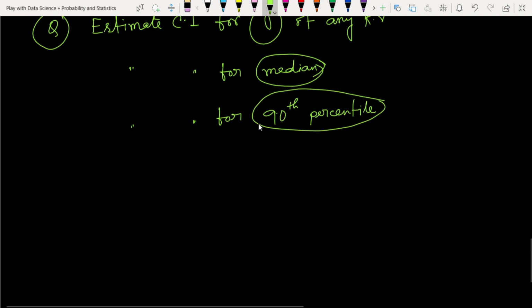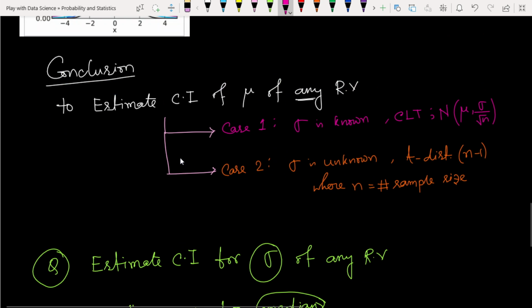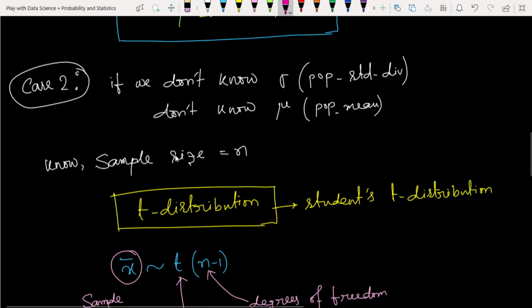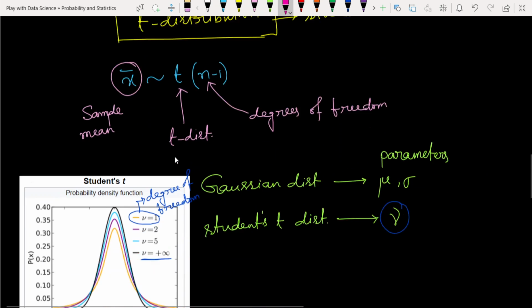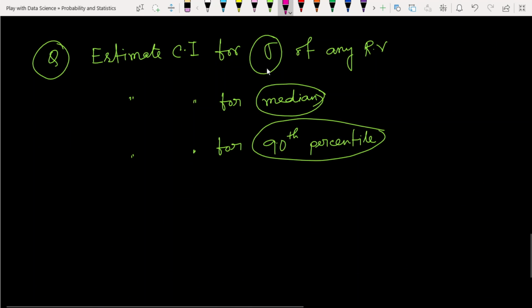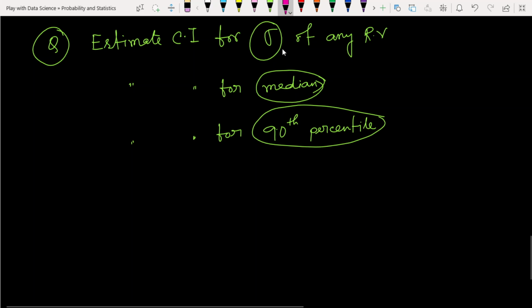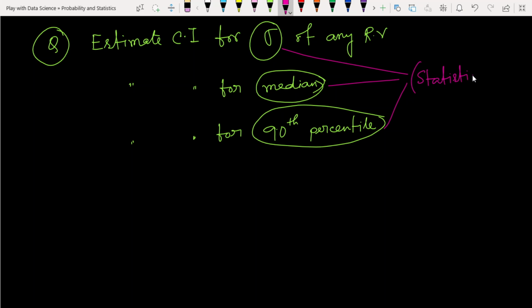To estimate these things, modern computers come into the picture. With these kinds of distributions, we can easily find the confidence interval of our population mean. But to estimate the standard deviation, median, or 19th percentile, I'm talking about the statistics of our data.